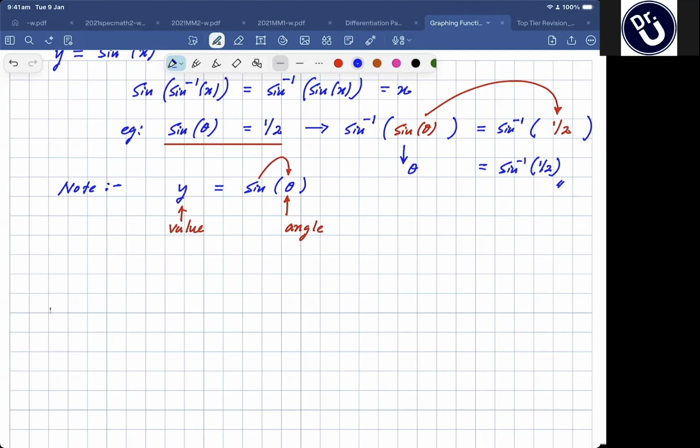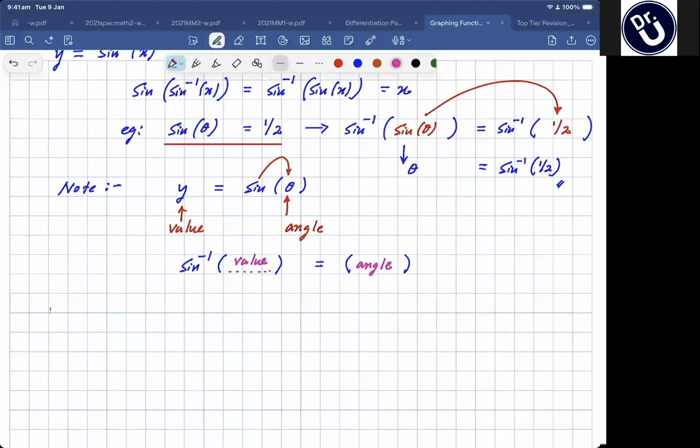Now let's look into the inverse, right? Sine inverse. So in here, there is a value. You get the angle here.